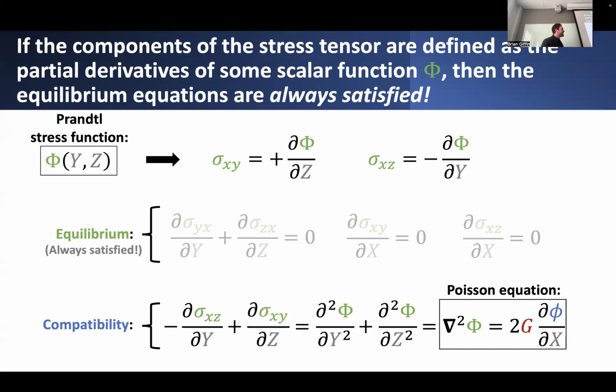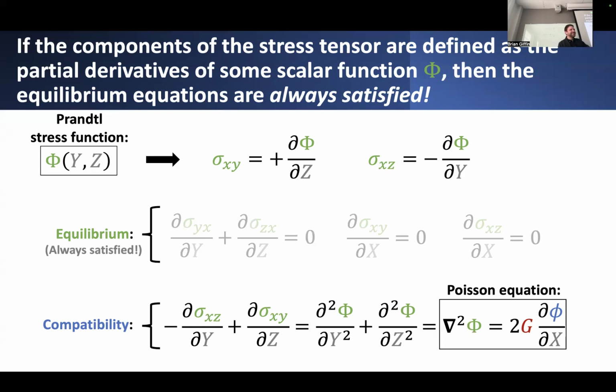Now, as I said, you can verify that, in fact, if you choose a stress function and you define the stress components in this way, you will automatically and always satisfy equilibrium, such that the only equation that you really have to check is compatibility.